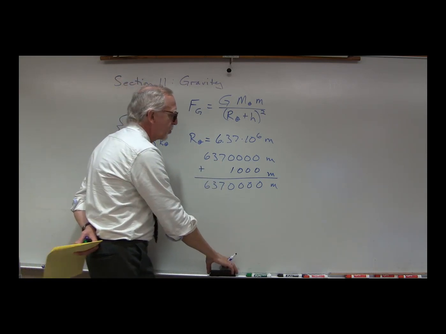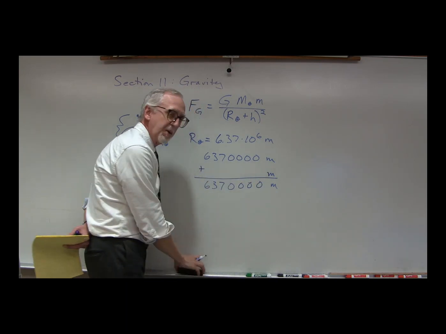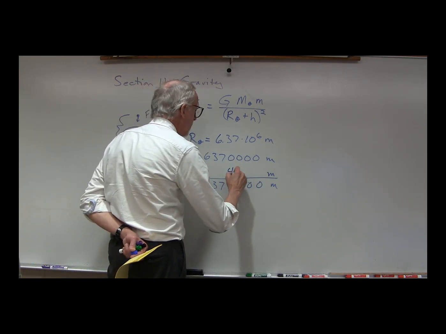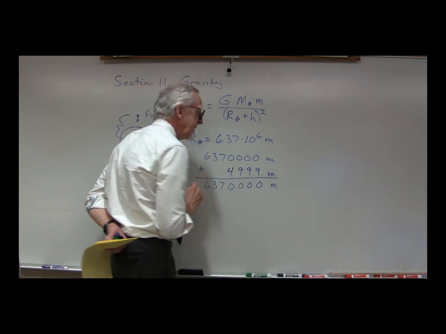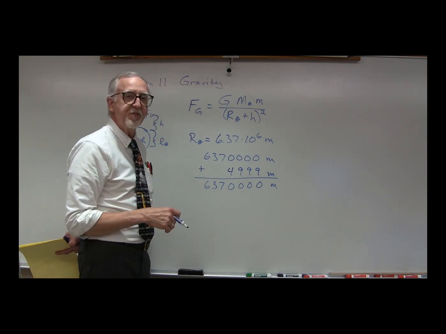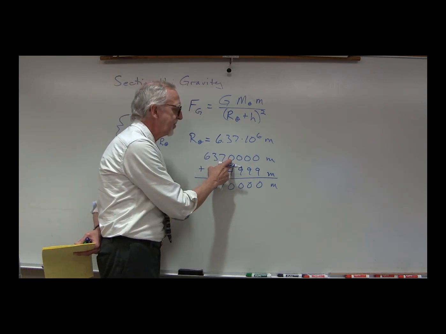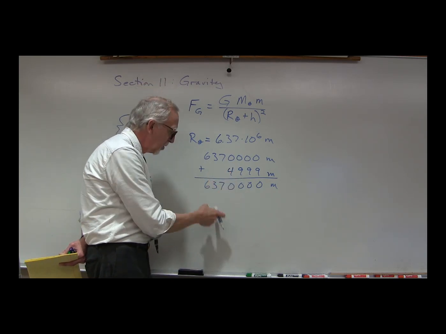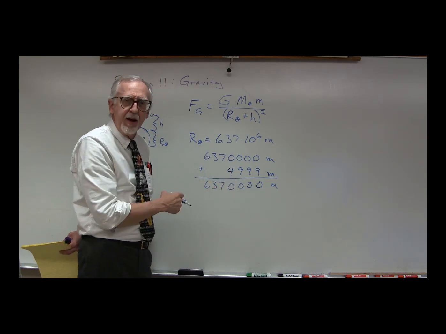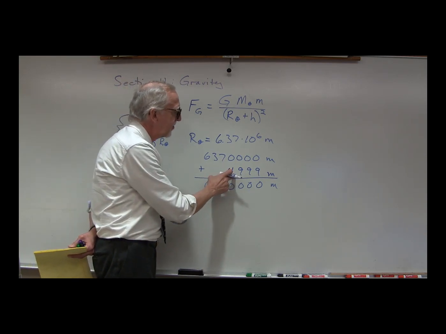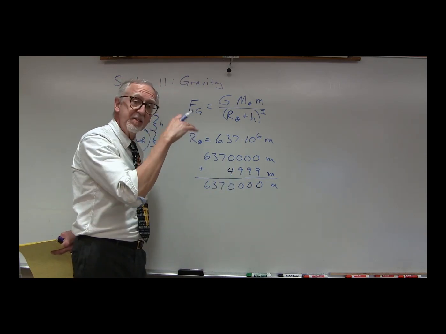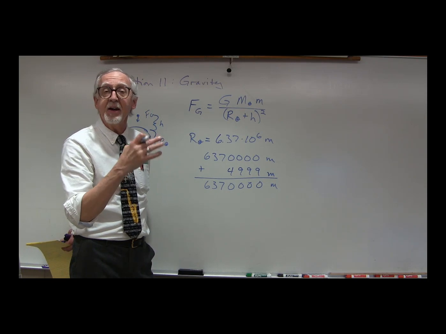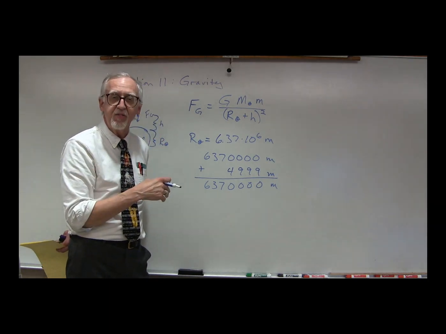But what if this were, just kind of playing with numbers a little bit, 4999? Almost 5,000. If we made the argument that this were actually 5,000, we might say, okay, well, a 5 here would round that up, and we might round it up to 638. But if this were only as large as 4,999, 1 meter short of 5,000.